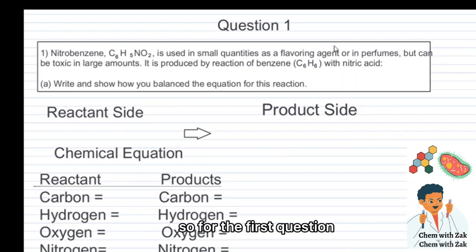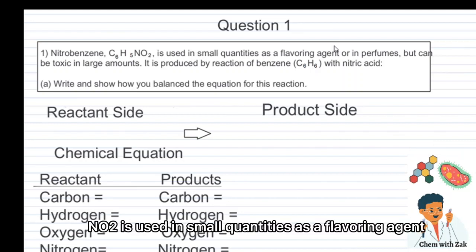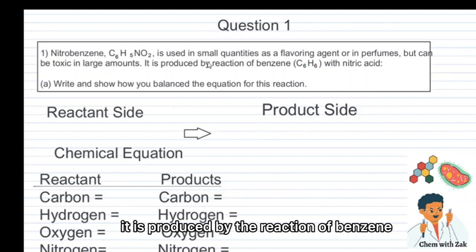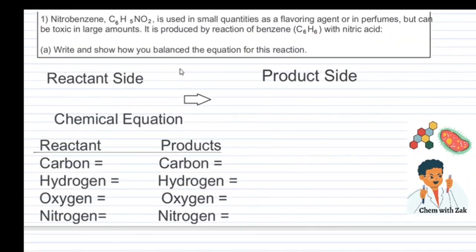For the first question, it asks: nitrobenzene, C6H5NO2, is used in small quantities as a flavoring agent or in perfumes, but can be toxic in large amounts. It is produced by the reaction of benzene, C6H6, with nitric acid.